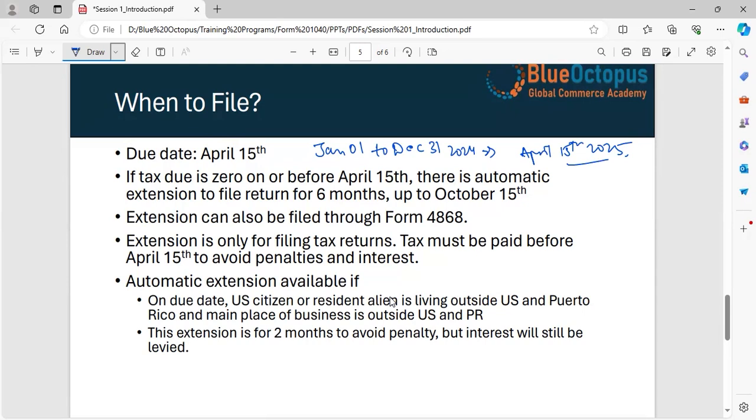Now, if the tax liability is 0 till April 15th, or you pay the whole amount by April 15th, then you may get the automatic extension to file the return for 6 months.